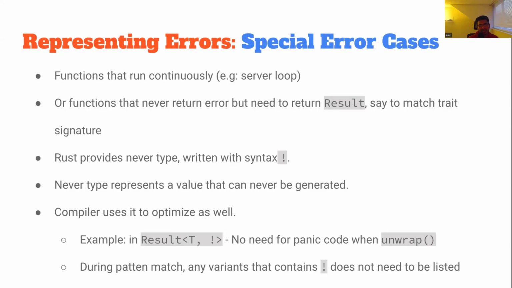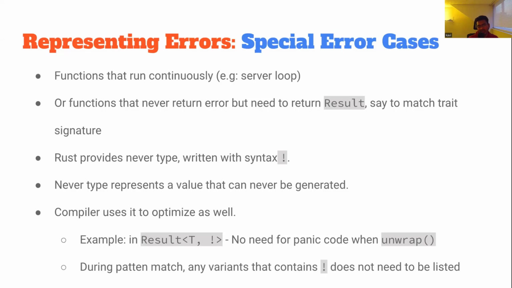Why is it important to make it explicit? Because of course the compiler can do all sorts of optimization. Let's say your API returns a Result<T, !>, so instead of an error it returns this never type. Since the error cannot be generated, every time you call unwrap on this result, there cannot be an error. So Rust doesn't even need to generate the code to handle the panic whenever anyone calls unwrap, which is kind of neat. Another advantage is, let's say you use a pattern match and one of the patterns is this exclamation mark.